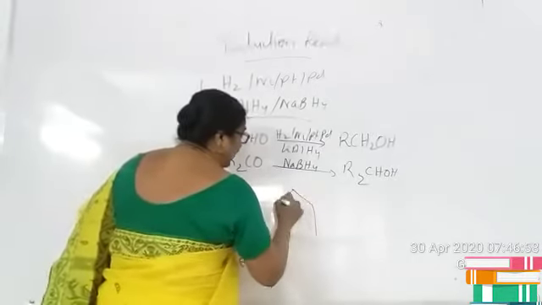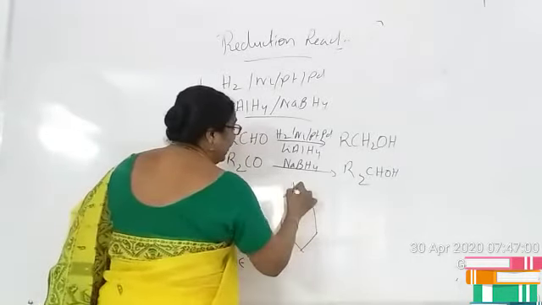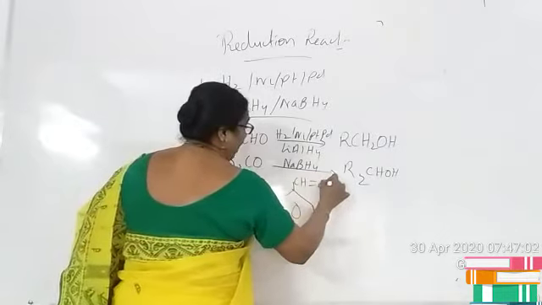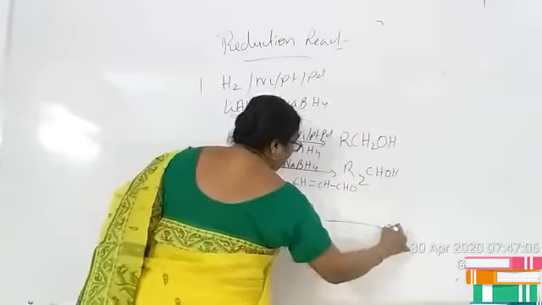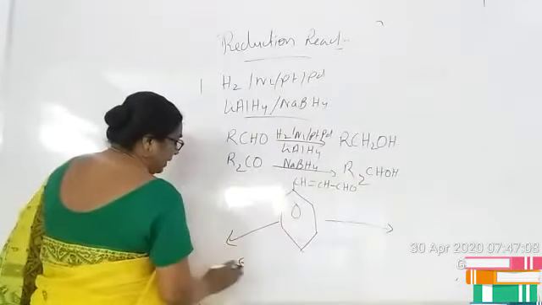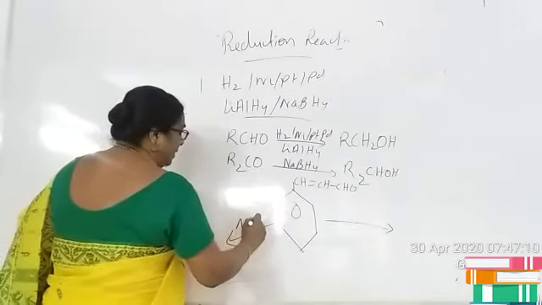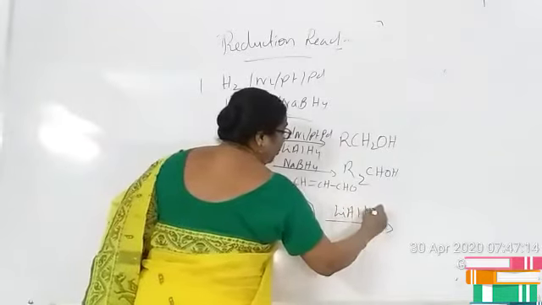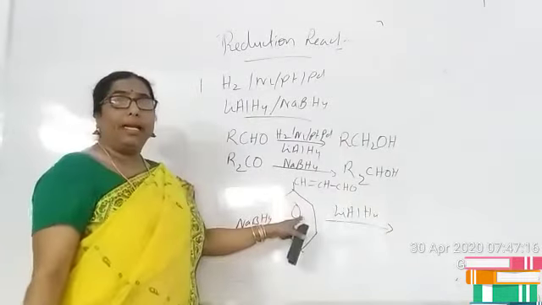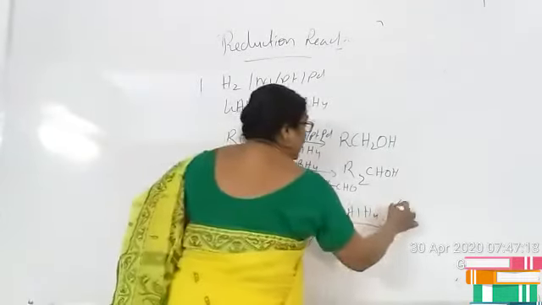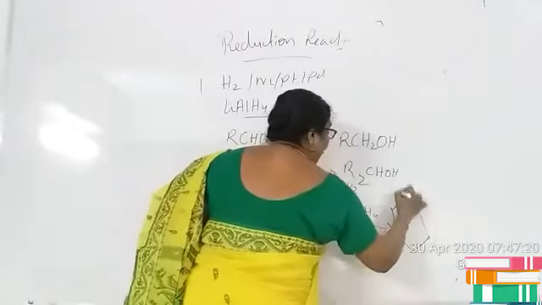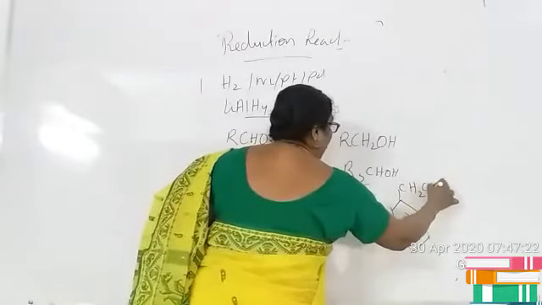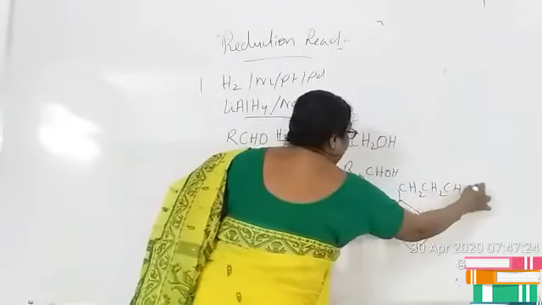Suppose you consider an aldehyde which contains a double bond, and you use both reagents, sodium borohydride in one case and lithium aluminium hydride in the other. When you use lithium aluminium hydride as the reducing agent, even the double bonded carbon undergoes reduction.